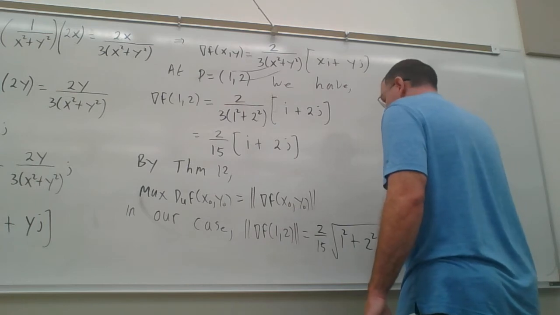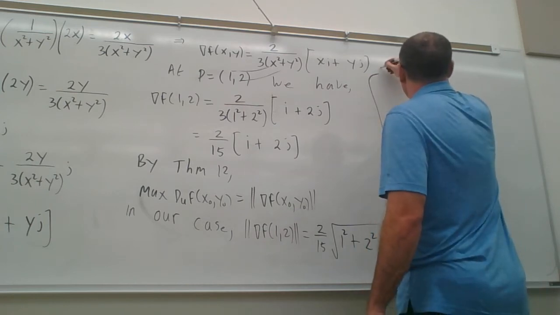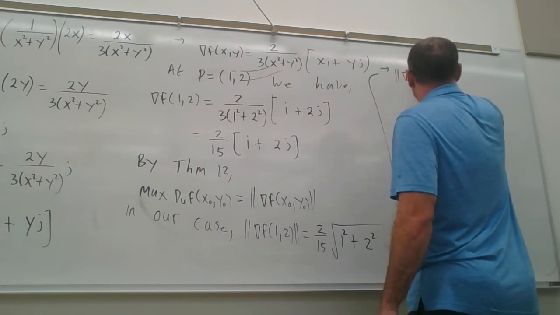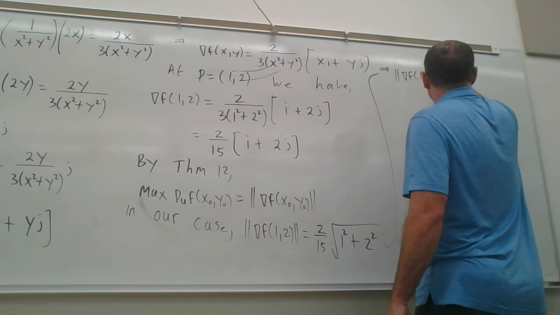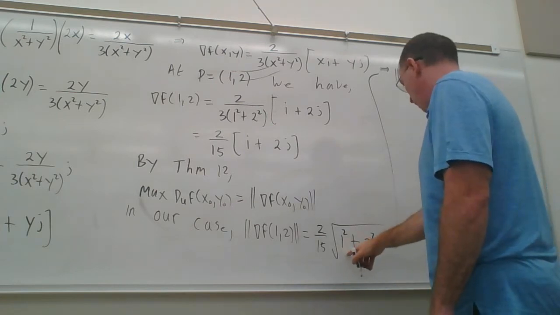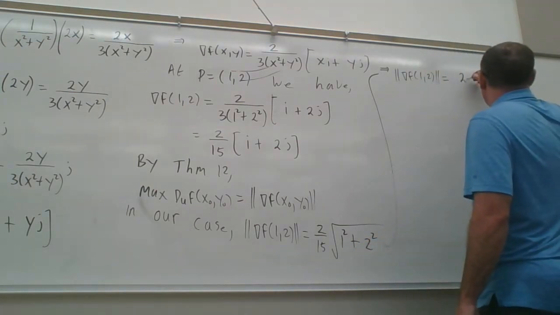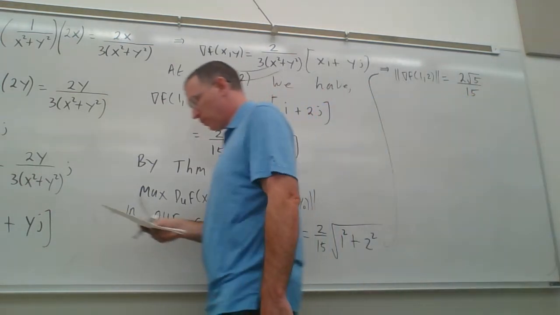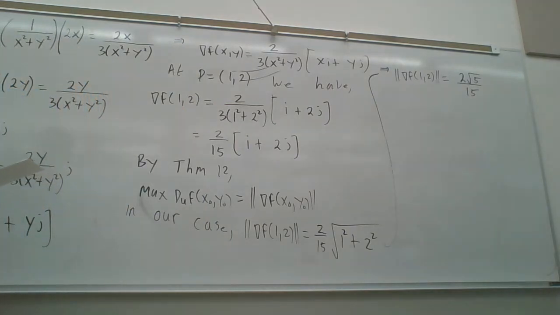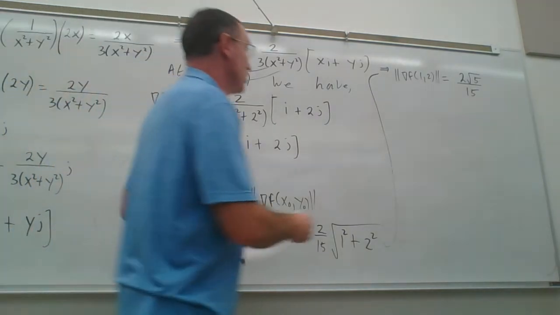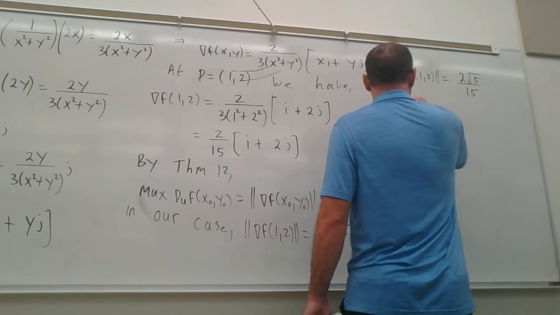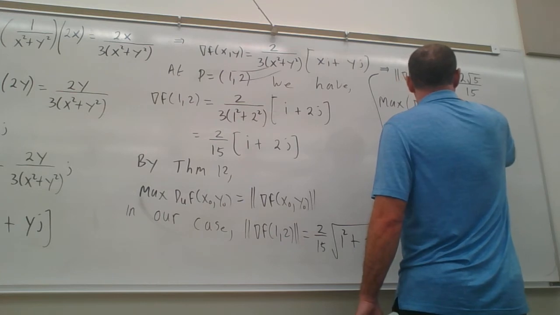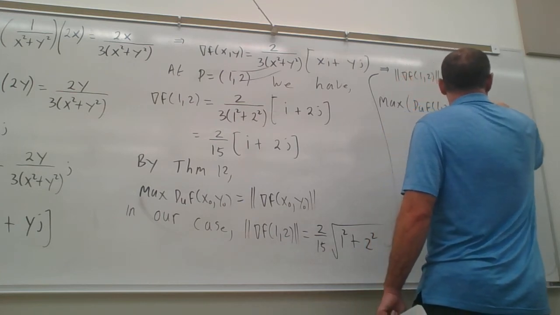Okay, so then the magnitude of our gradient is going to be 1 plus 4, so 5, so it would be 2 times square root of 5 over 15. So that would be the max value. So the max of our directional derivative at the point (1, 2) will equal this.